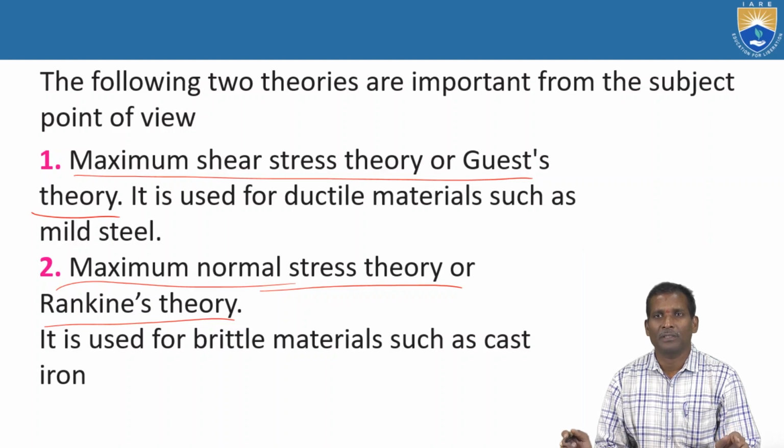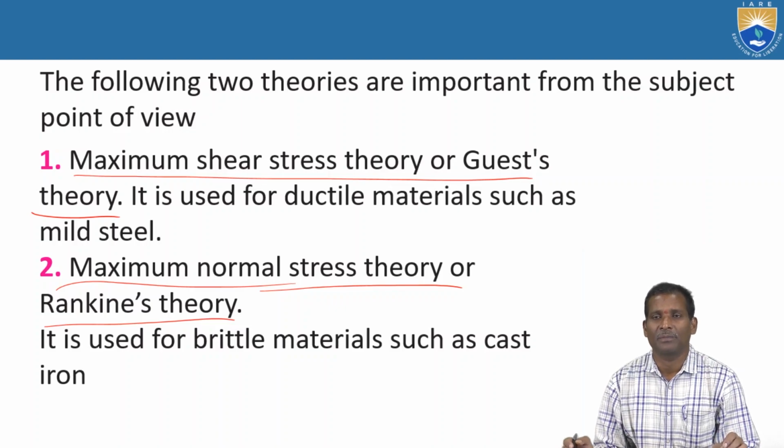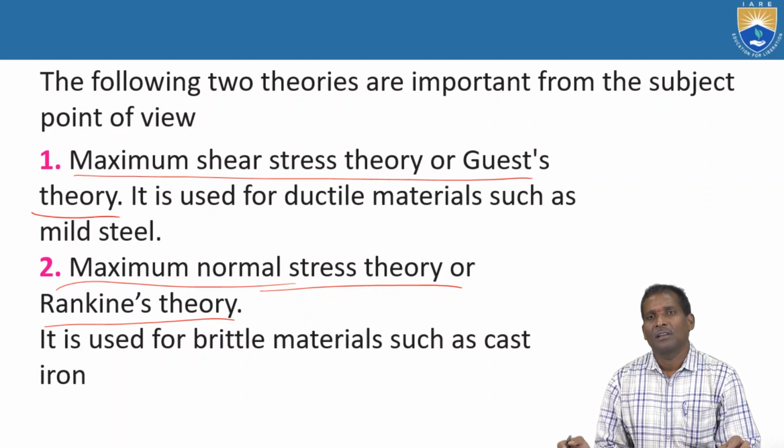First apply the maximum shear stress theory: what is the diameter of the shaft when it is subjected to twisting moment and bending moment? Similarly, calculate the diameter of the shaft according to the maximum normal stress theory, or Rankine's theory. So take the larger one as the final diameter of the shaft.